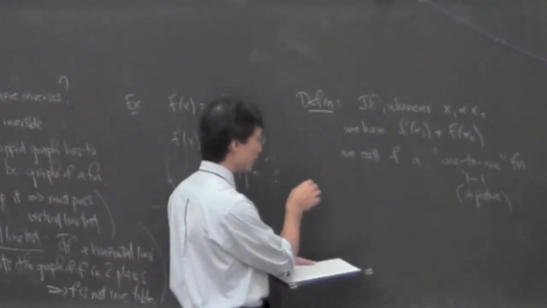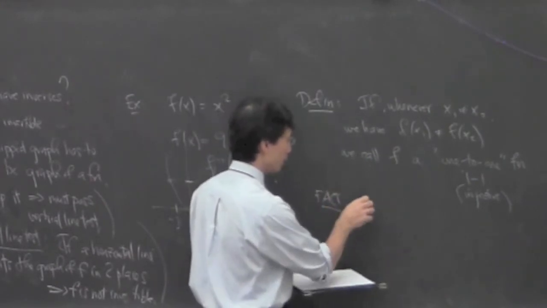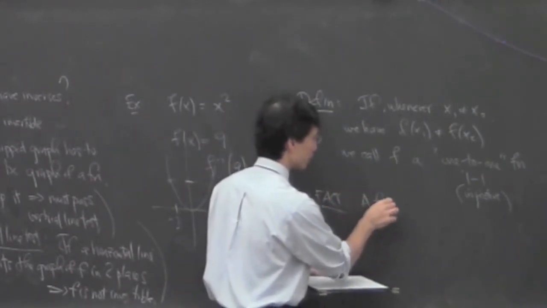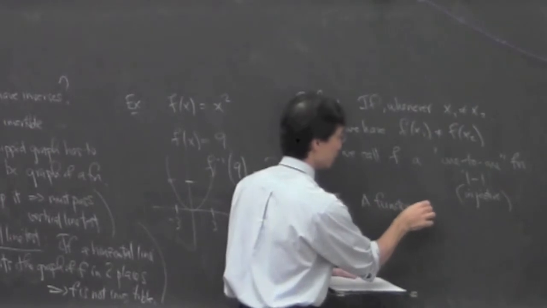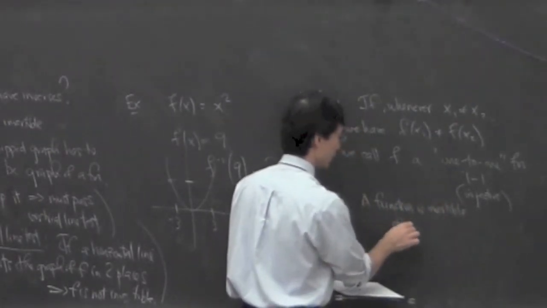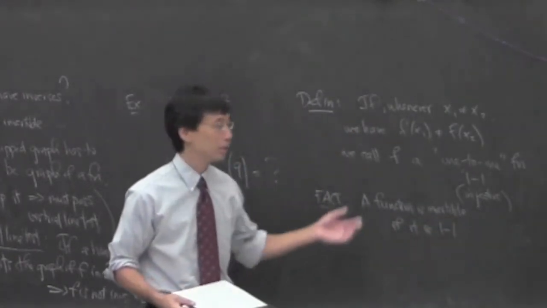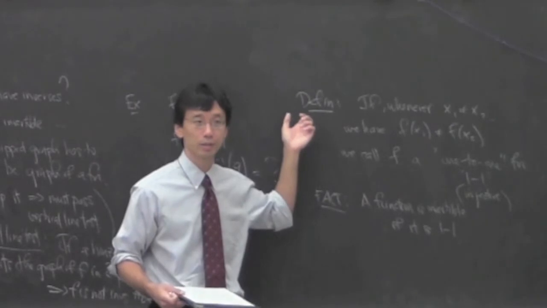And it may be clear at this point that a function is invertible if it is one-to-one. If it's a one-to-one function, then there's an inverse to it.